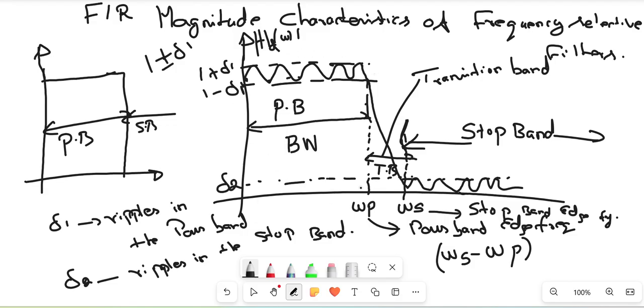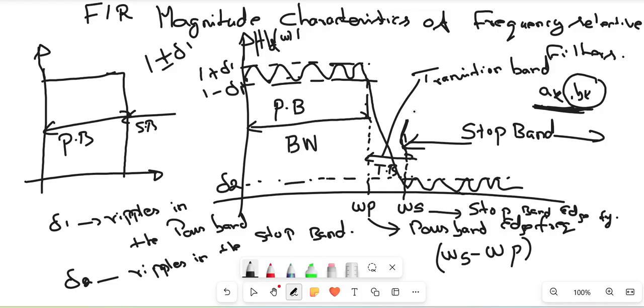Based on these specifications, we can select the parameters, the coefficients in the system function, the AK and BK coefficients, the numerator polynomial coefficients BK and the denominator polynomial coefficients AK, such that the frequency response characteristics approximate the desired specification.